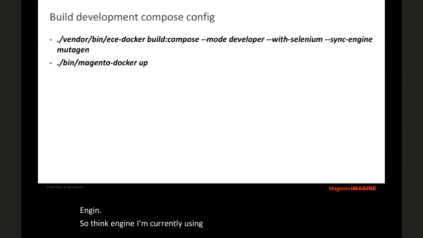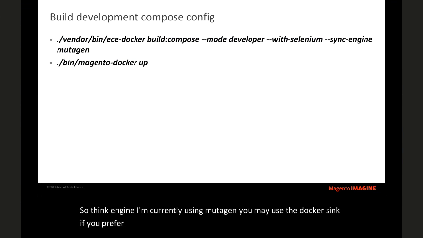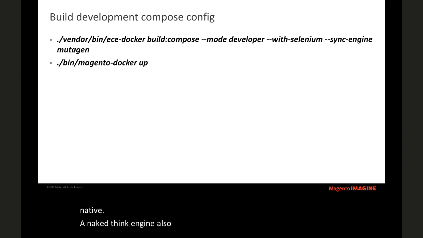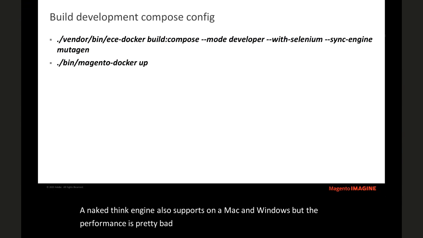You may use Docker sync if you prefer, or if you have Linux, you will have to pass sync engine native. Native sync engine is also supported on Mac and Windows, but the performance is pretty bad there. So currently for Mac and Windows, we still suggest using Mutagen or Docker sync.